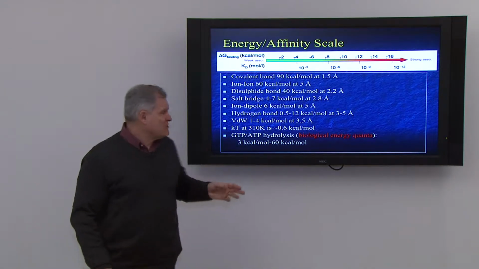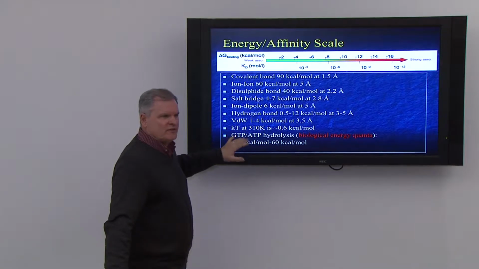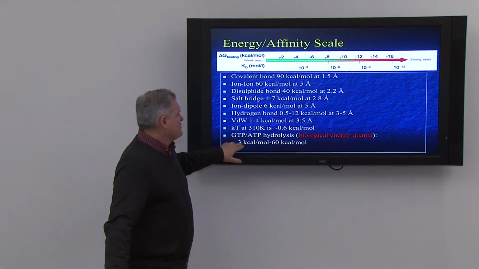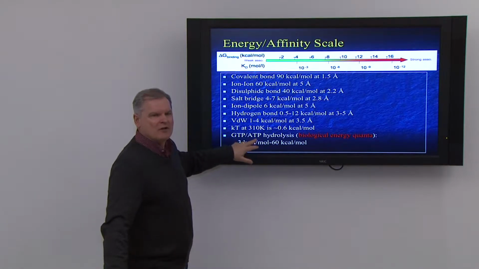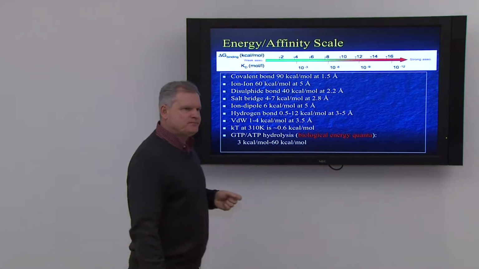And that quantum of energy depends on the conditions, the concentrations, etc., whether it's ATP or GTP. GTP has a bit less energy, maybe 10 times less than ATP, but nonetheless, the range from 3 kilocalories per mole to 60 kilocalories per mole is the range of the quanta of energy that biology uses.